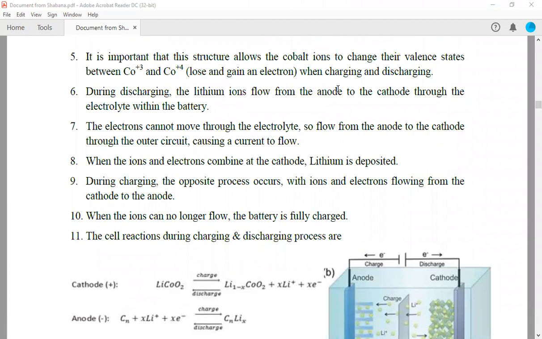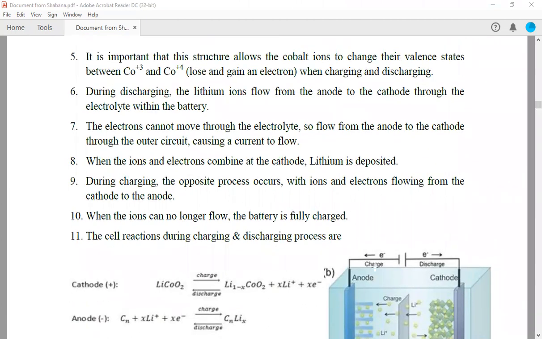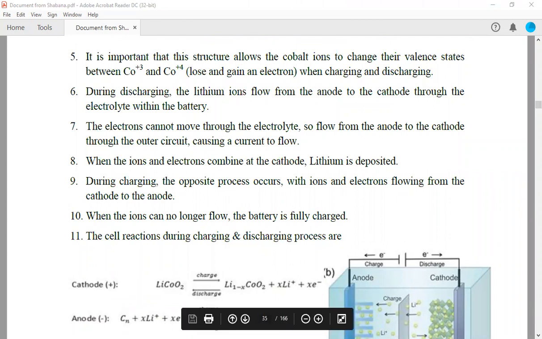In this, the structure allows the cobalt ion to change its valence state between Co +3 and +4 when charging and discharging.